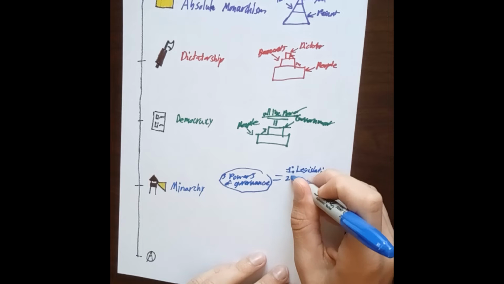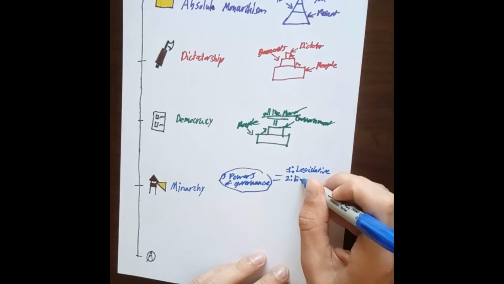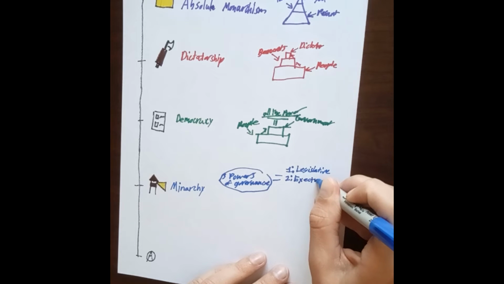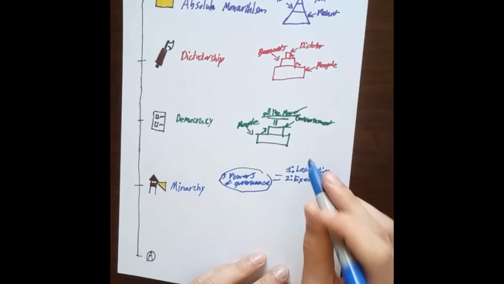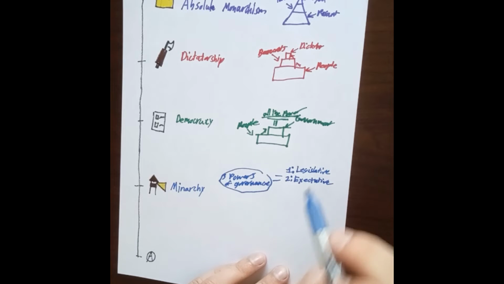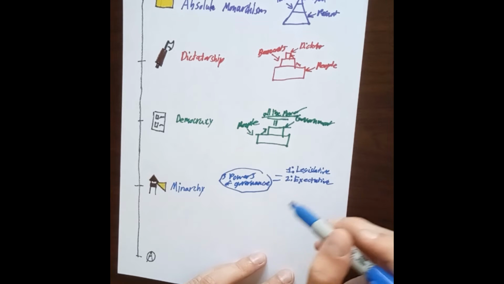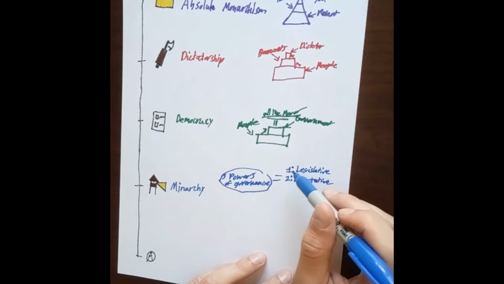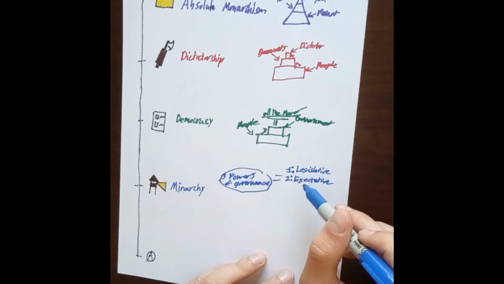Number 2, executive. Executive power. All right, so executive power, that basically means that you have the ability to either veto or confirm any laws that are made by legislative powers.